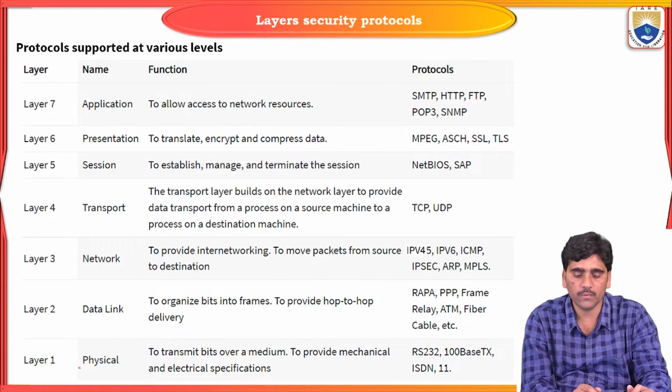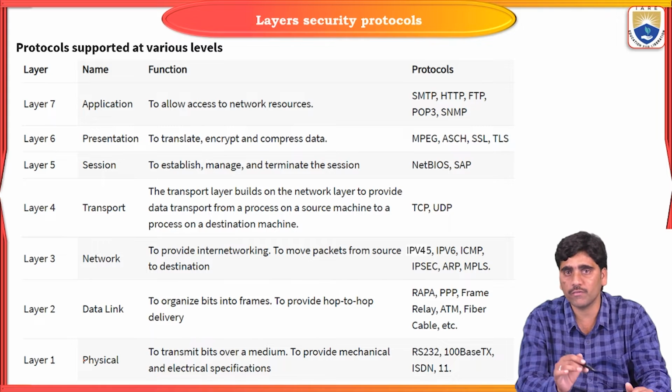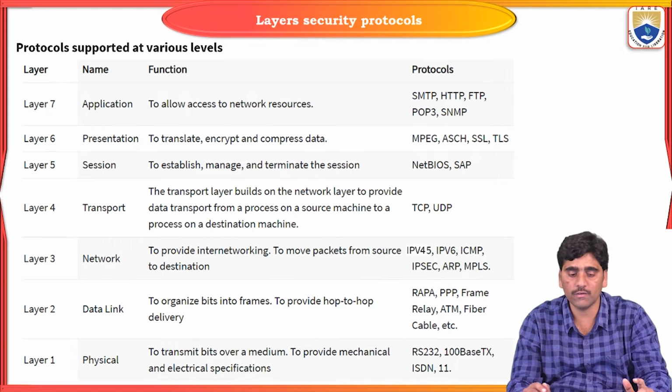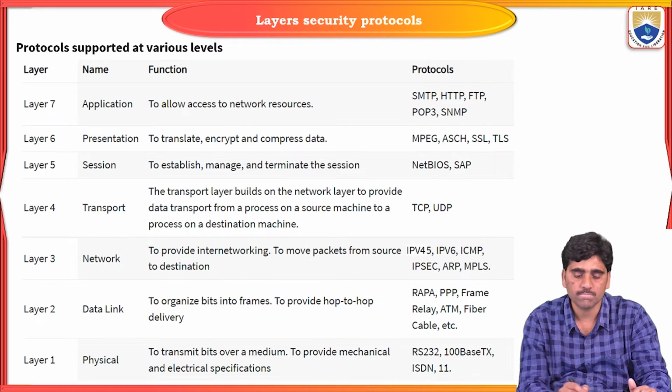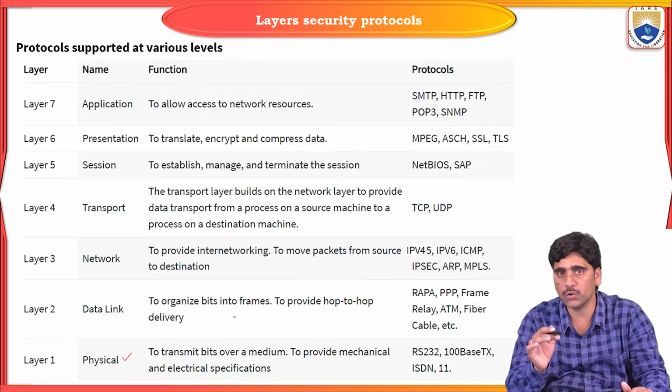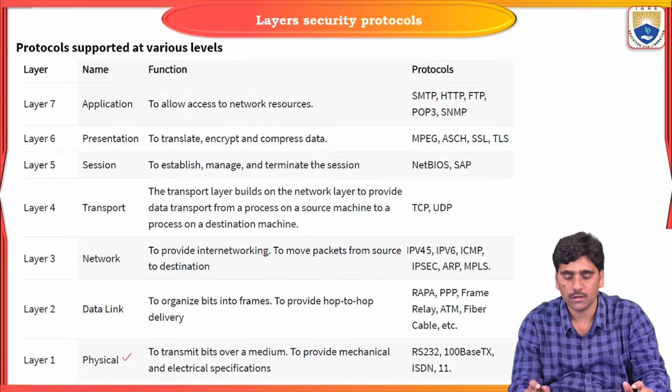So for example, we are moving from layer 1 to layer 7, that is, from lower levels to higher levels. See here, this is the physical layer, which is the lowest layer of the OSI model, to transmit bits over a medium.